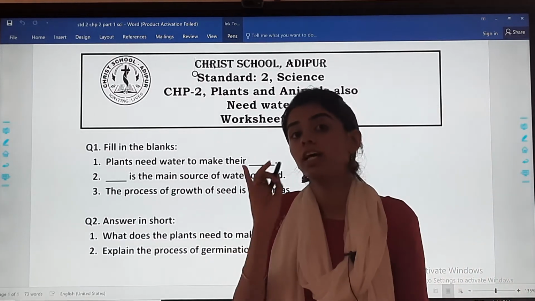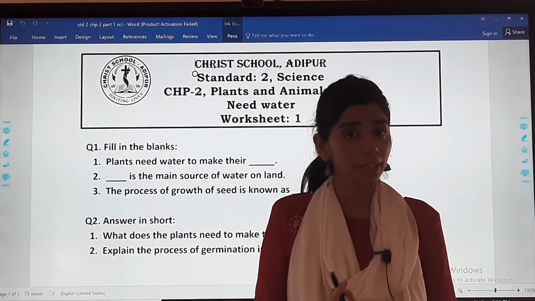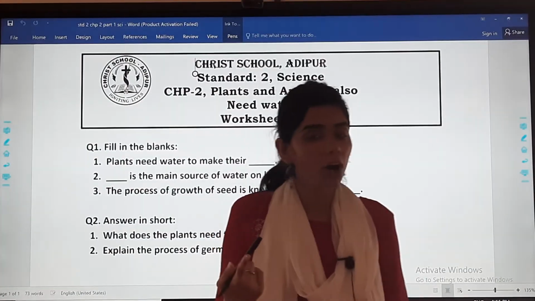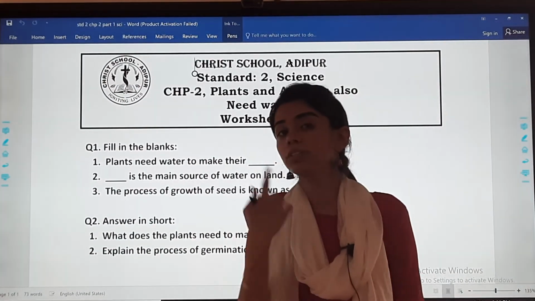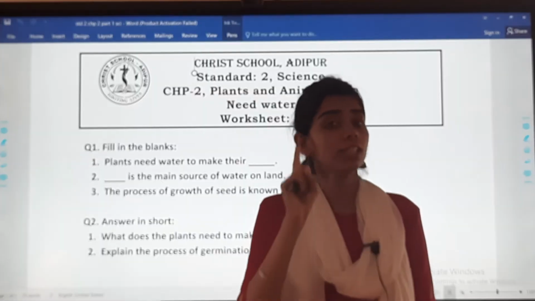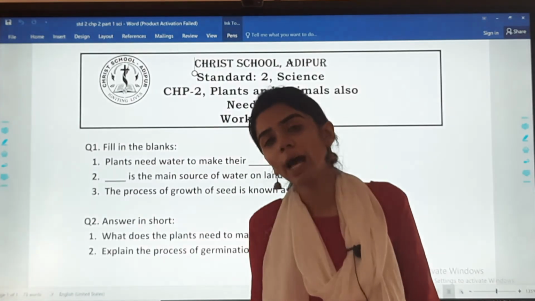Now see children, what we studied previously, last topic हमारा था germination, in which we did an activity. See, we'll recall quickly. There were 2 pots. One pot, we didn't water it regularly. Seeds हमने दोनों में डाली, but एक में water add किया रोज and दूसरे में नहीं किया. So what happened?